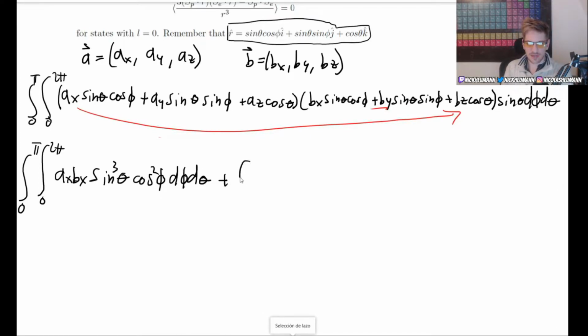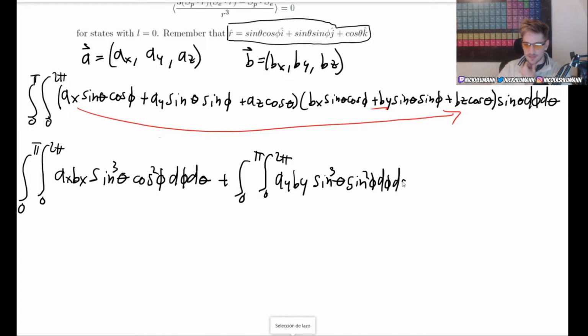And then we will have another integral over the same range, of course. I'm just separating them, and that will be ay by, and then we have sine cubed of theta, times, this time it's going to be sine squared of phi, d phi d theta.